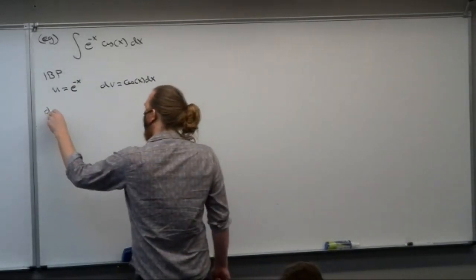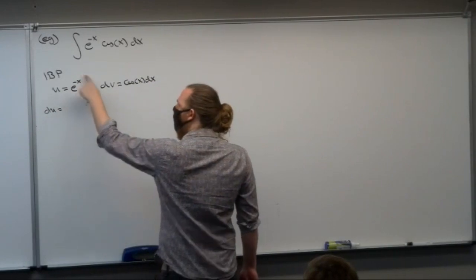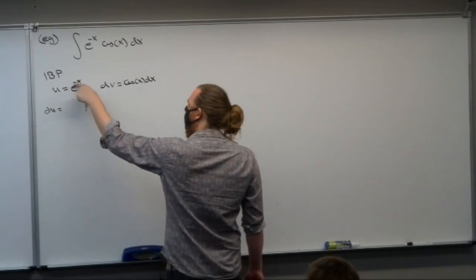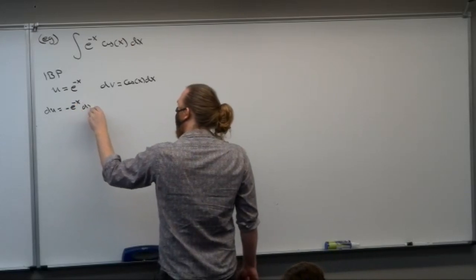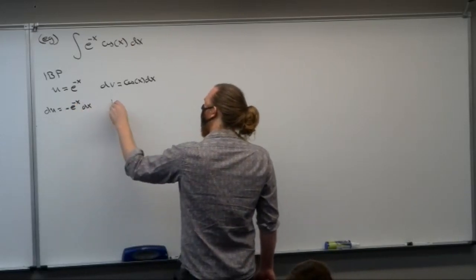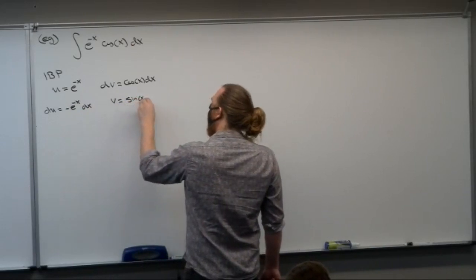Compute du and v from these. The derivative of e to the negative x is a chain rule derivative. It's e to the negative x times negative 1. So that's negative e to the negative x dx. The integral of cos x dx is sine x.